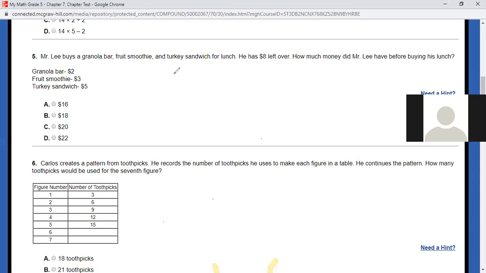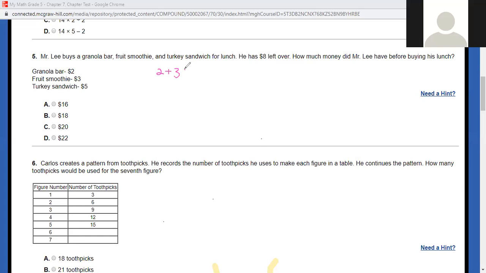Add the granola bar to the fruit smoothie to the turkey sandwich. Yes. Stayla, do you know what that equals?